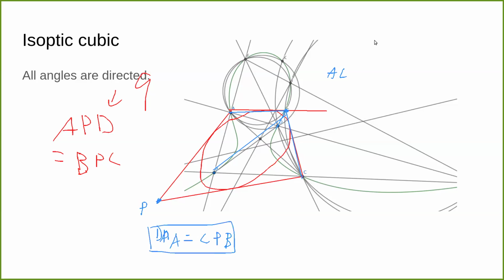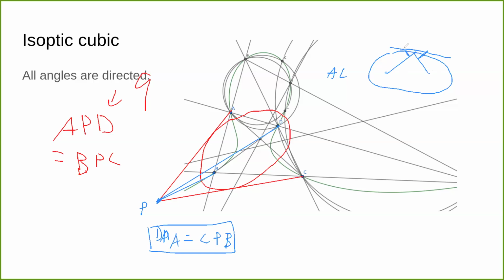And to prove this, it's not that bad. Well, note that B and D are two foci of this ellipse, right? Surely you have seen this property for an ellipse. If you have two foci and a point on the ellipse, then these angles are the same.